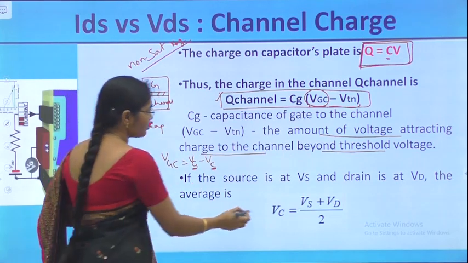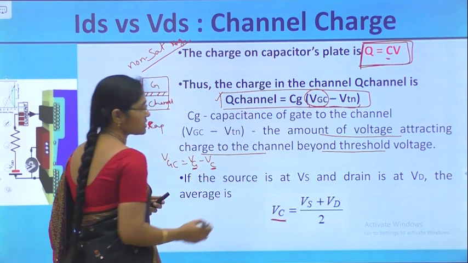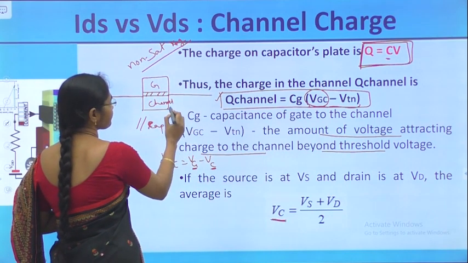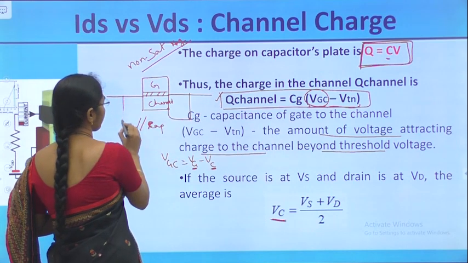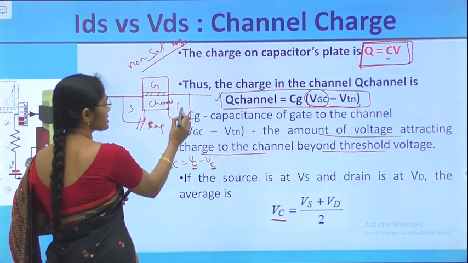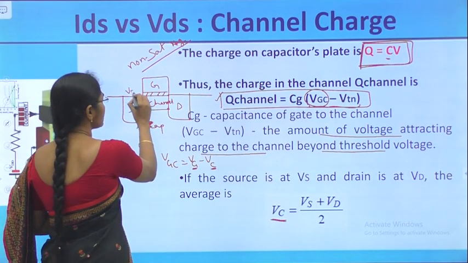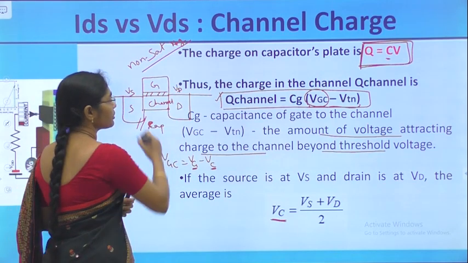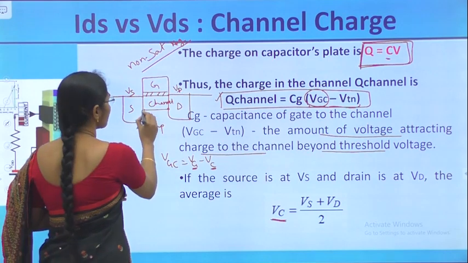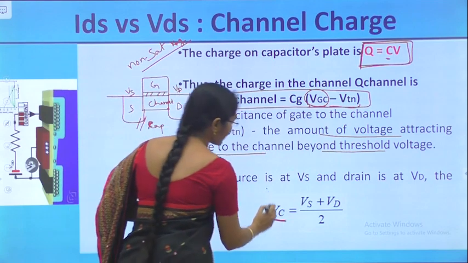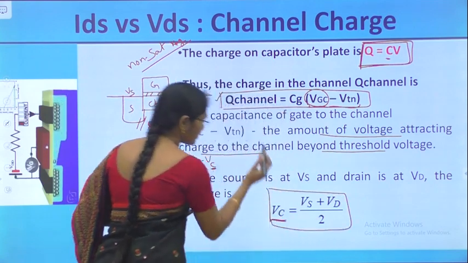To find the channel potential, note that the channel lies between the source and the drain. At the source the potential Vs is there, and at the drain the potential Vd is there. So the channel potential we take as the average, Vs plus Vd by 2.